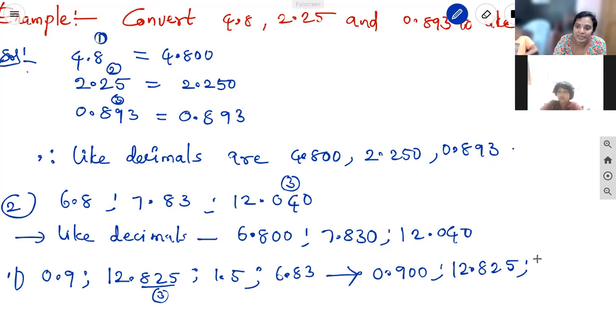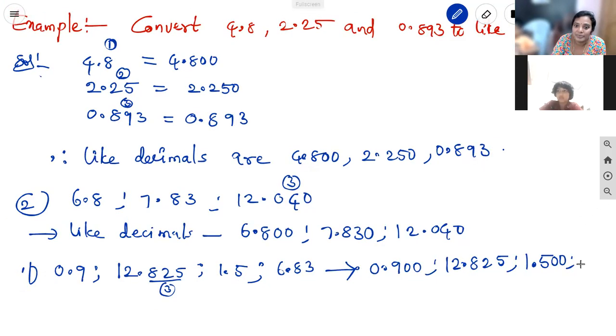For 1.5, we write 2 zeros at the right end, 1.500. Next, 6.83 becomes 6.830. This is the conversion of unlike decimals to like decimals.